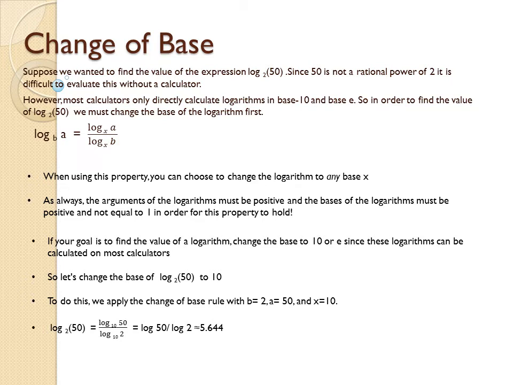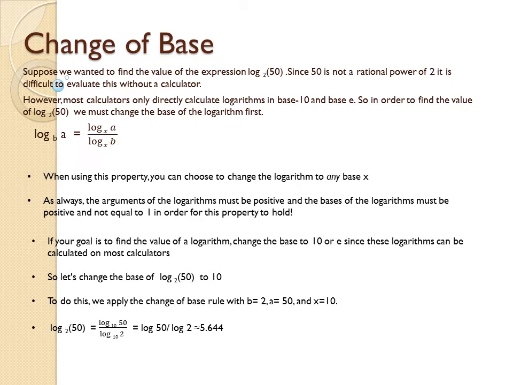Let's say log 50 to the base 2, I will change the base to 10. Then with the above formula, log a to the base b equals log a to the base x divided by log b to the base x, where b equals 2, a equals 50 and x equals 10. X is the change of base.